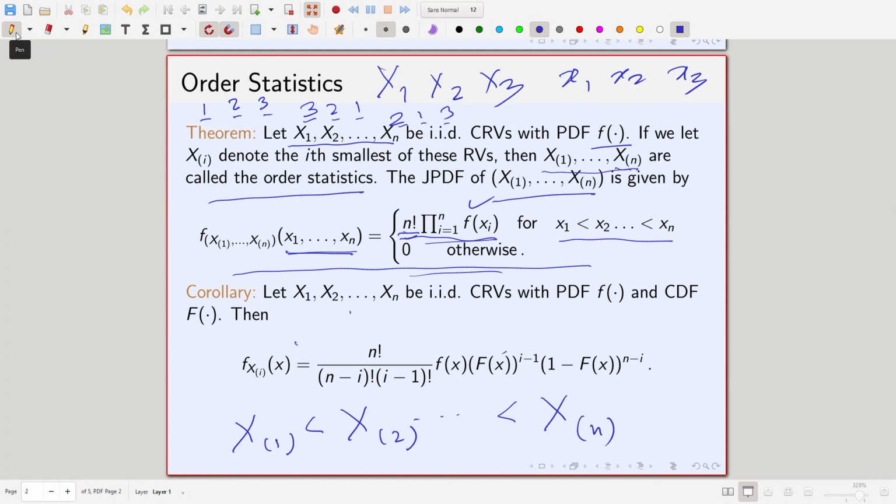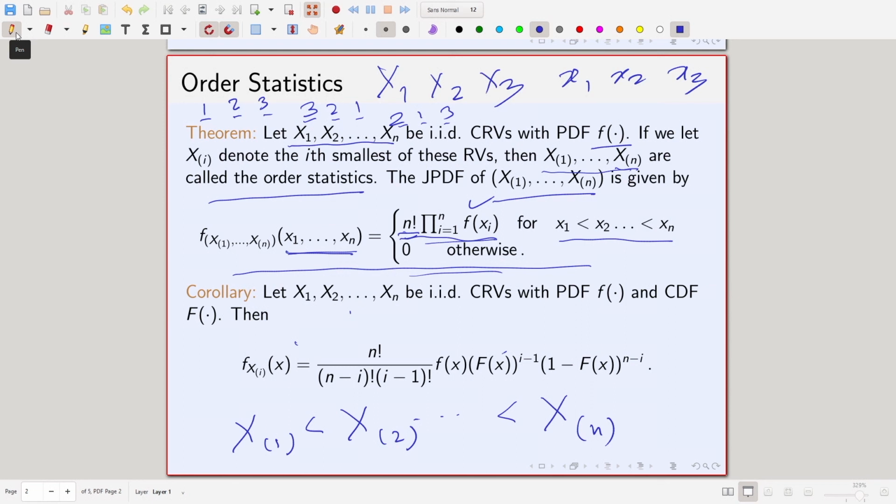Okay. Now, when you have a joint density, you can calculate the marginal densities just by integrating out the other variables. Again, we will not see the proof of that because it is some slightly tedious calculation. The proof is not difficult.